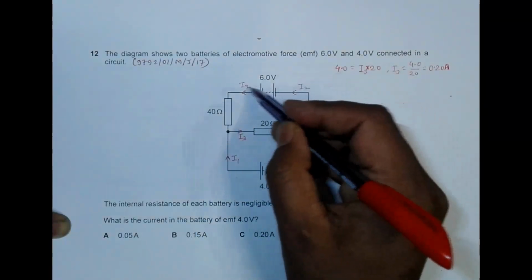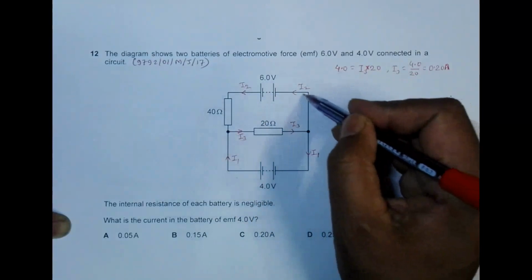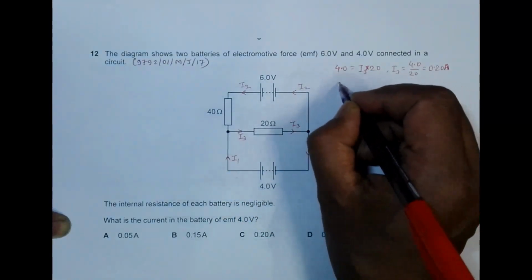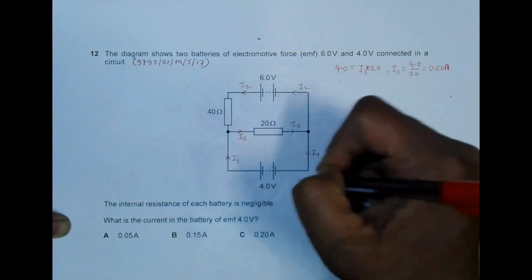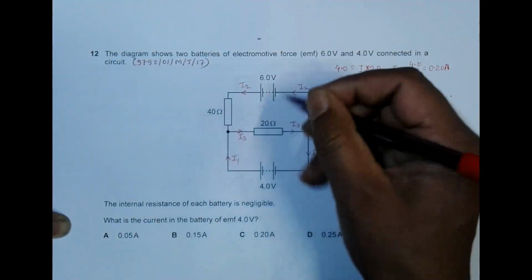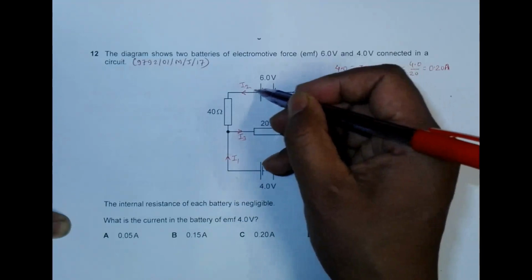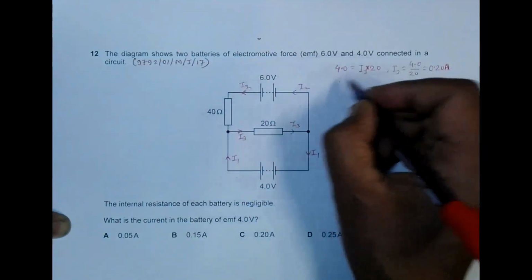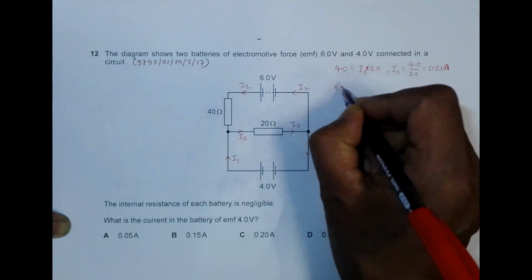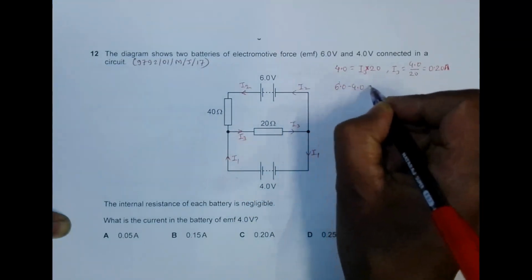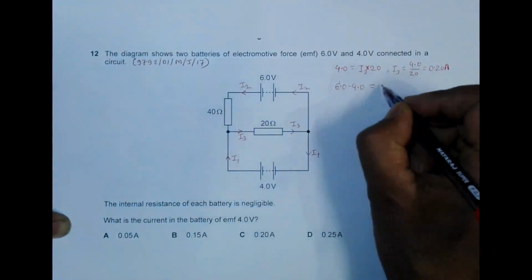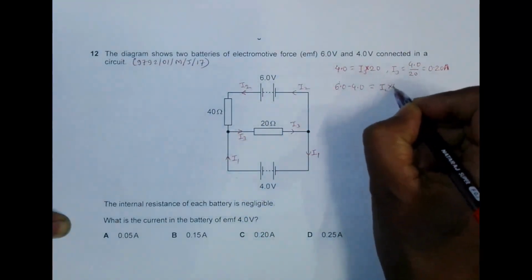So I3 is equal to 0.20 ampere. Now if I consider this outer loop, the sum of EMF here will be 6 minus 4, because 6 tries to apply force here and 4 tries to apply force here, so they oppose each other. So 6.0 minus 4.0 should be equal to the PD across this resistor, I2 into 40.